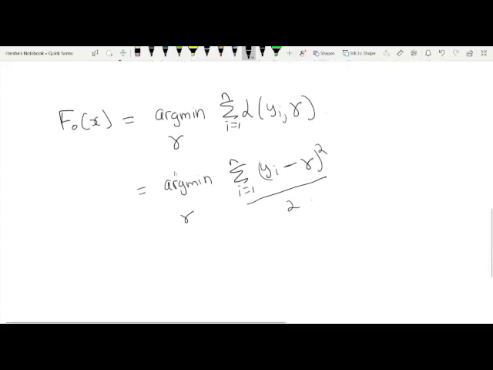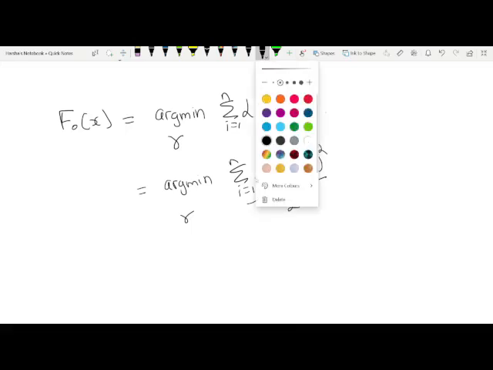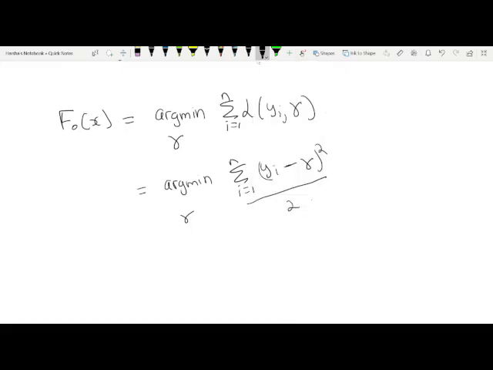And you can verify after differentiation that this quantity achieves its minimum at, okay, I'll do it for you.